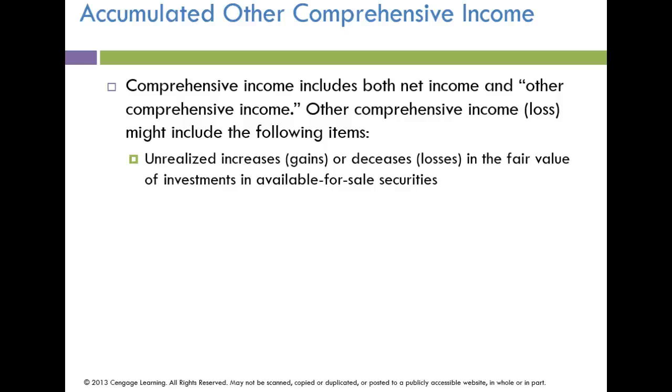For example, let's say I have some Apple stock that I bought at $30 a share. I haven't sold it. It's still sitting in my portfolio. Let's just say I have 100 shares of Apple, and when I bought it, it was $30 a share. I don't even know if this is realistic, but go along with me.